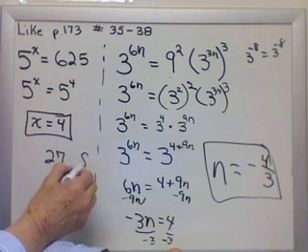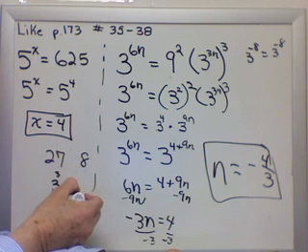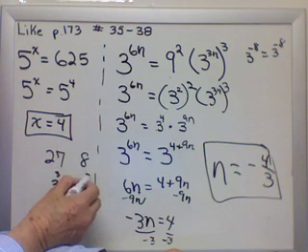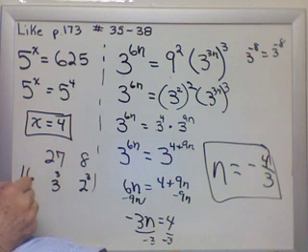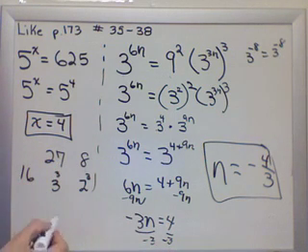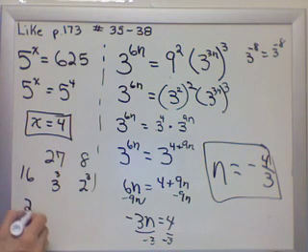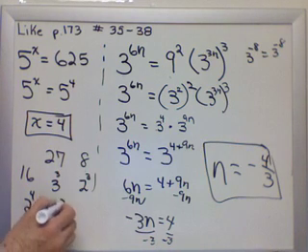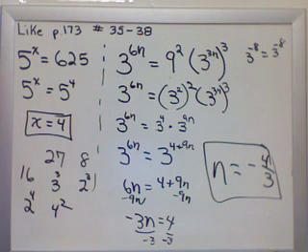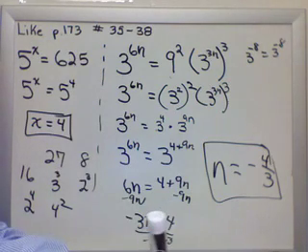If I gave you a number 8, how would you write that? 2 to the 3rd. If I gave you a 16, how could you write that? You could write it as 2 to the 4th, right? Or 4 squared, depending on what bases are in the problem. So you should be able to do page 173, 35 to 38 now. Good luck.